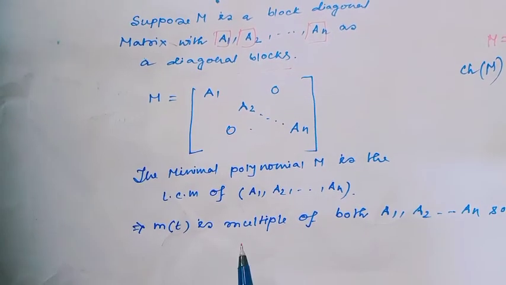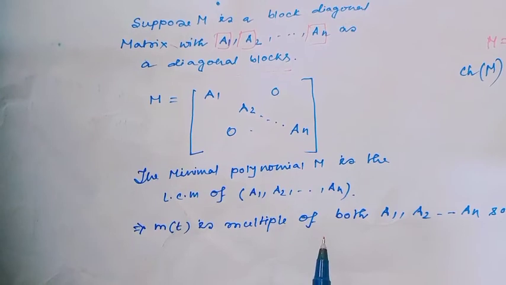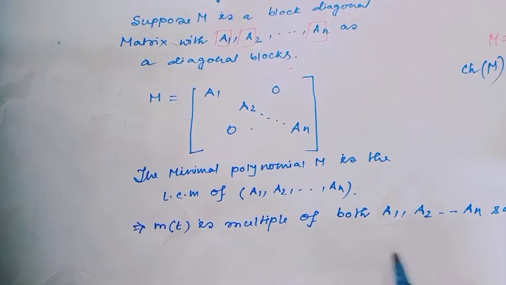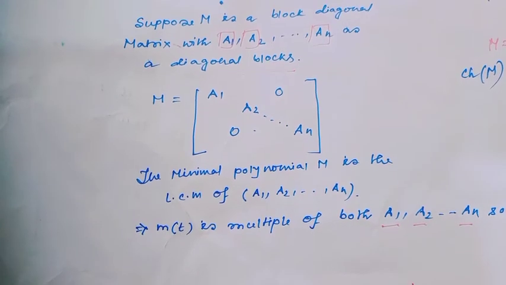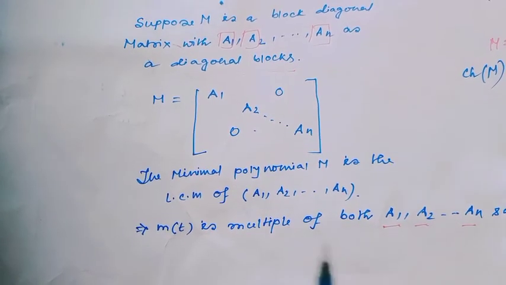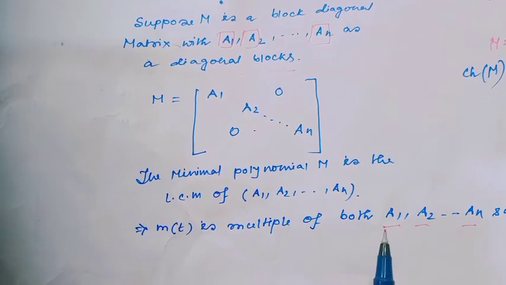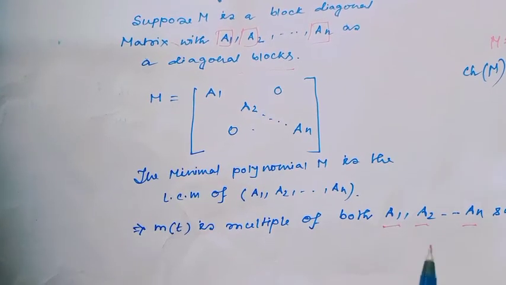That means the minimal polynomial is a multiple of each of them. Okay? Have you understood how we find the minimal polynomial of a matrix?